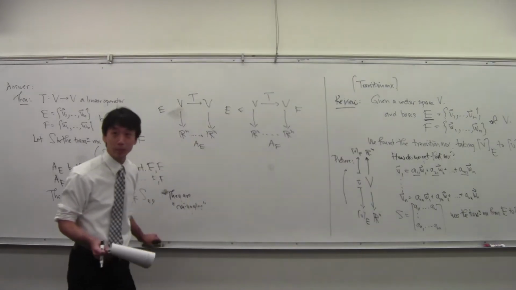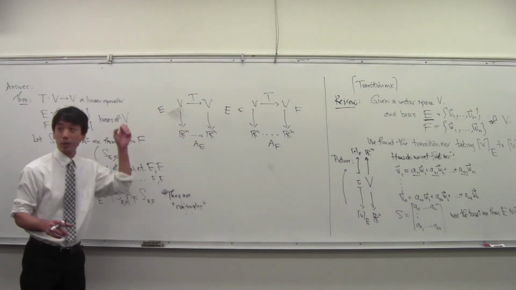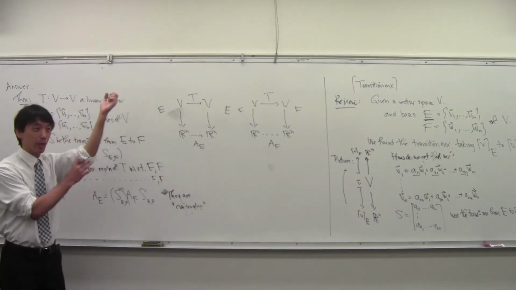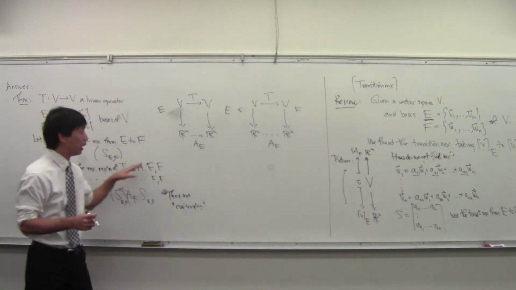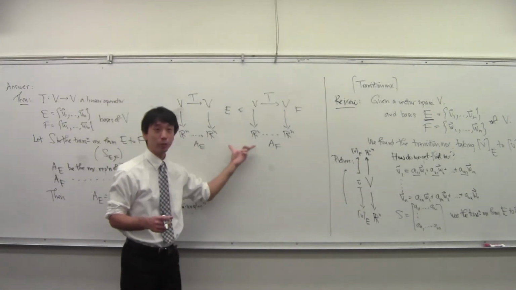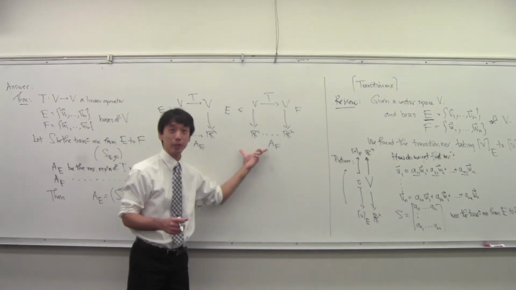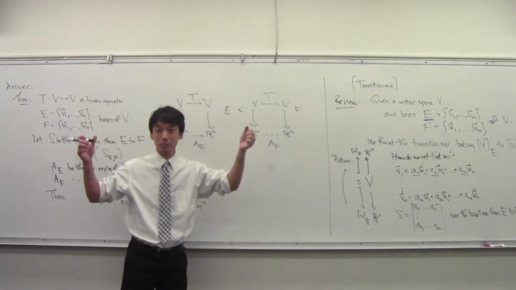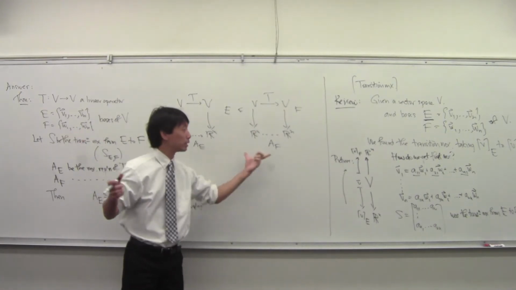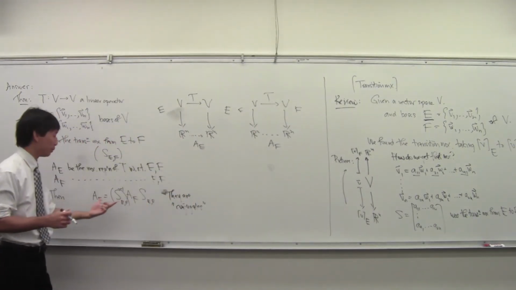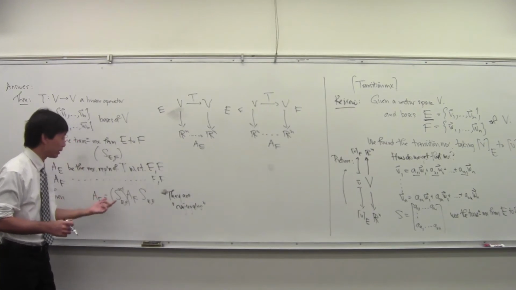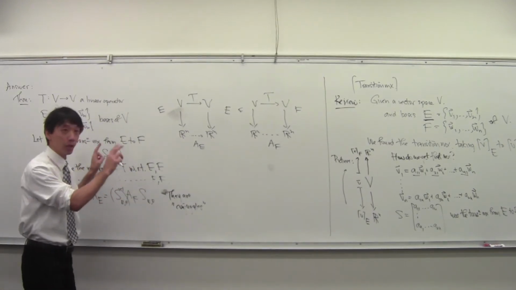So everybody getting what we're doing? We have a linear transformation, I mean, a linear operator, and we have two matrix representations of it. We're saying that in fact these guys are related to each other. They're not just random matrices. There's actually a relationship between them. One is the so-called conjugate of the other.